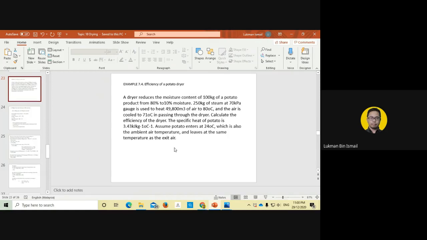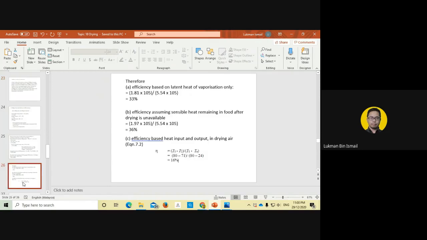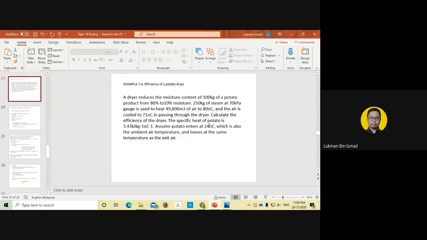You will calculate 3 types of efficiency: efficiency based on latent heat, efficiency based on sensible heat, and efficiency based on the temperature of the drying air. So I'm going to change the amount of potato. We cannot use a simple number, so let's use quite a different number: 156 kilograms of potato.